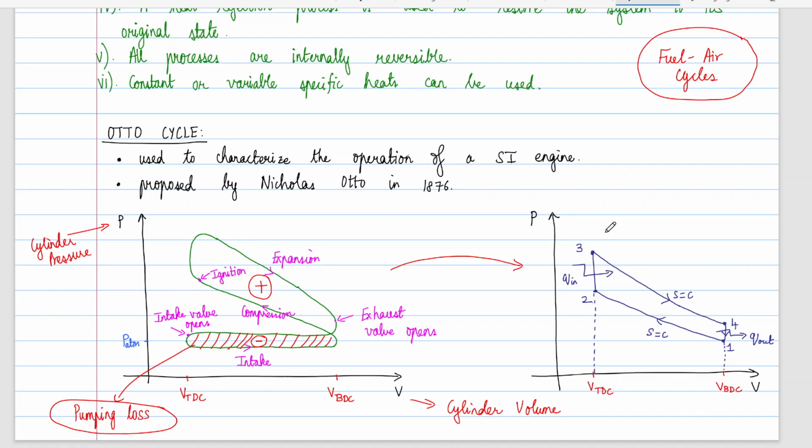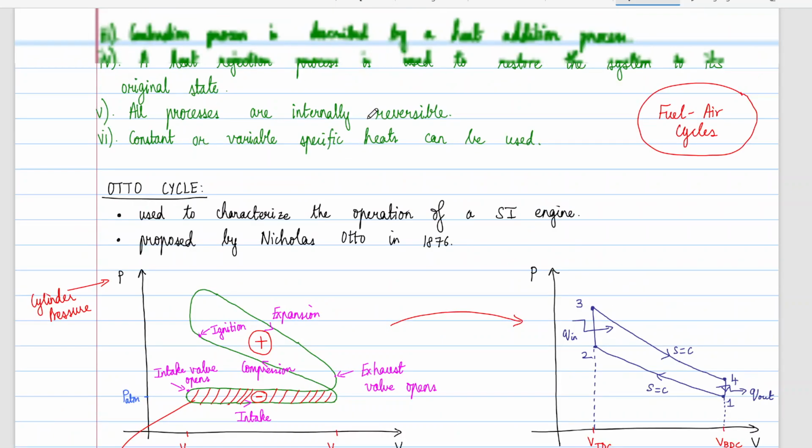If we were to convert it into a thermodynamic cycle, we can look at this diagram, right? This PV diagram, where in process 1 to 2, the intake is happening. In 2 to 3, we are burning the air fuel mixture, so heat is coming in, right?